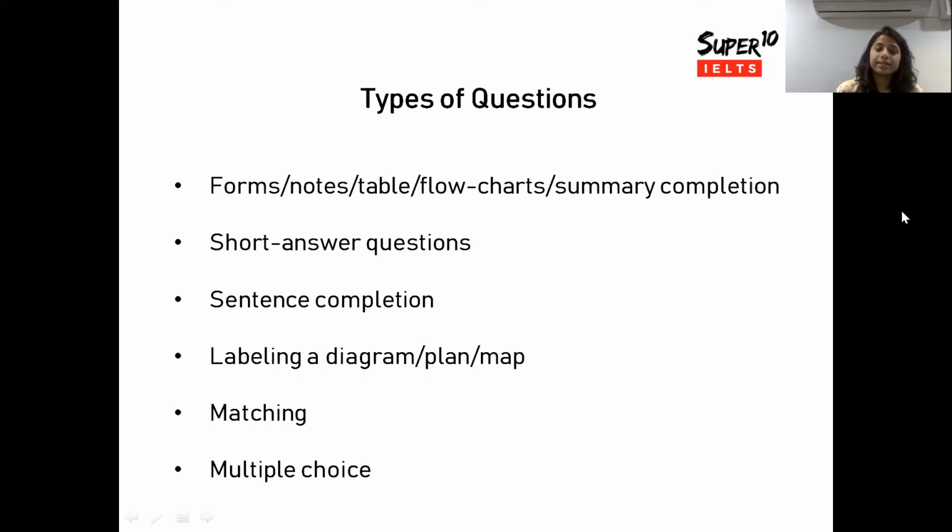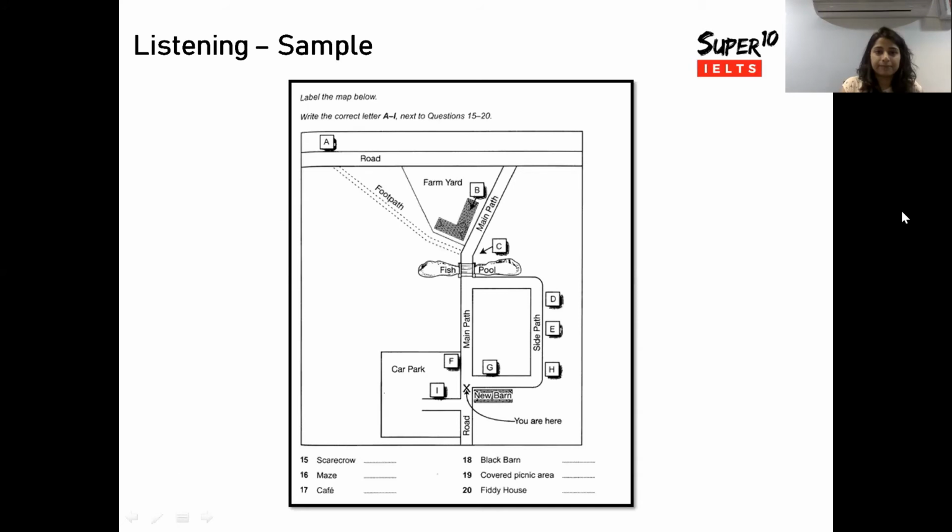In one exam there can be sentence completion, in another exam forms or notes completion. Which question is difficult or easy, you will find out at a later stage when you actually start solving them. So you don't need to worry about the difficulty of questions right now. You just have to understand that these are the types of questions that will come in your listening exam.